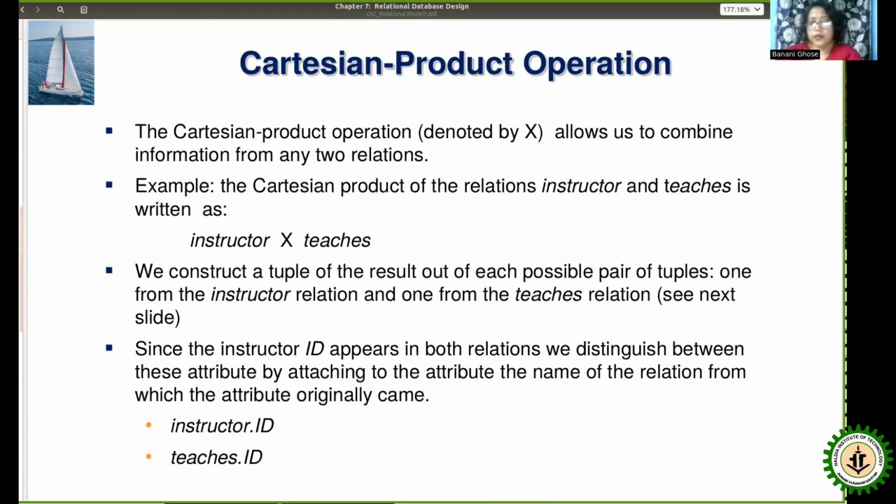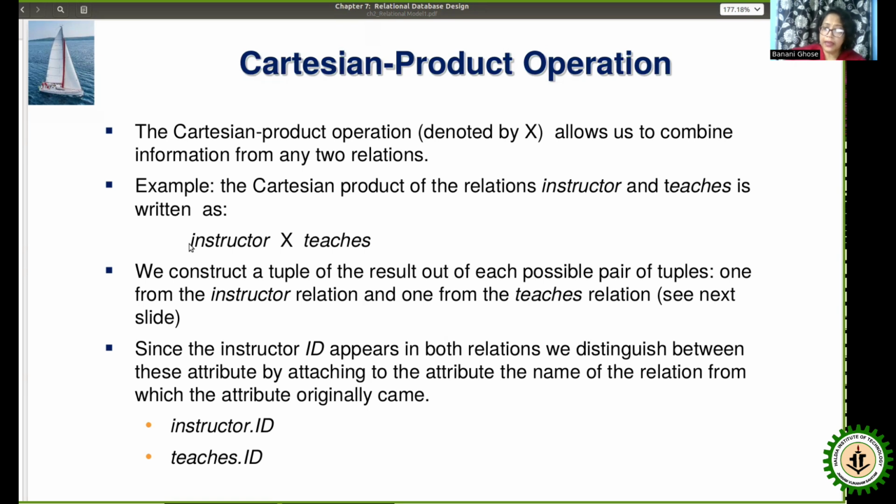Now Cartesian product. As per the concept of the Cartesian product, we already have it, it does the same thing here also. The Cartesian product is denoted by the cross symbol and it is a binary operator. It needs two tables to act on. So instructor cross teaches, if it is considered as the Cartesian operation, then what will it be doing?